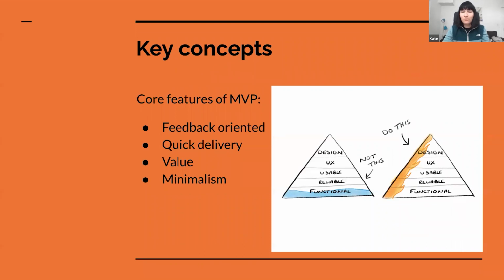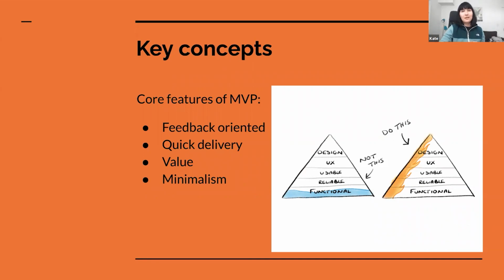But it may not work for your customers at the moment you ship your MVP to those customers. And you'll get this feedback right away after you ship your early version. With early feedback, you don't need to spend years on developing something that isn't valuable. So feedback is the key point here.